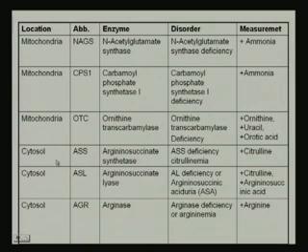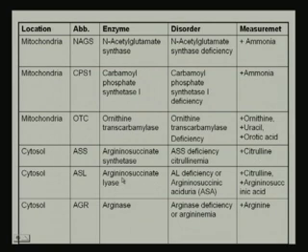Considering the cytoplasmic enzymes, there is the arginosuccinate synthetase enzyme, and if it is not there, its deficiency is called citrullinemia, and here the citrulline concentration in the blood goes up.